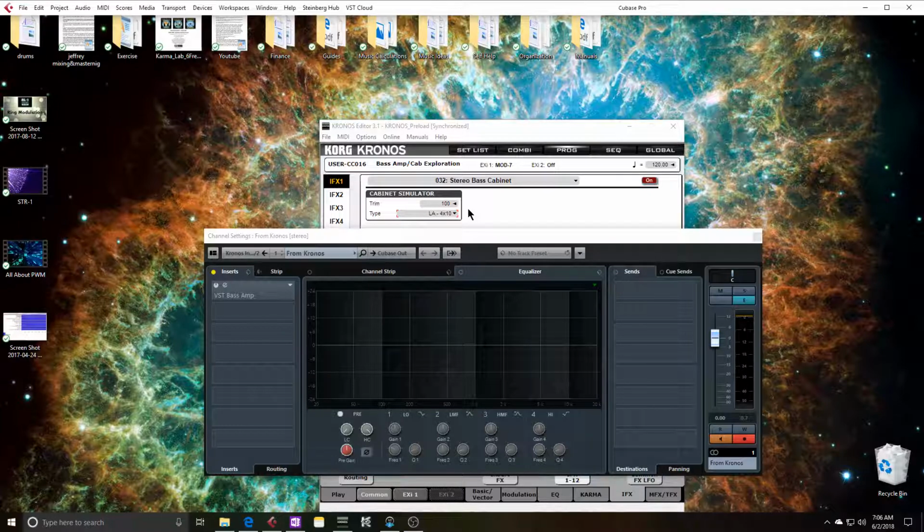I was in a discussion with my friend, and we were talking about cabinet modeling, and he said that there must be more to it other than just applying an EQ curve. But if you think about it, that's exactly how you would model a speaker in its entirety. So let's say that you have a subwoofer, and I want to make a sound like it's coming out of a subwoofer.